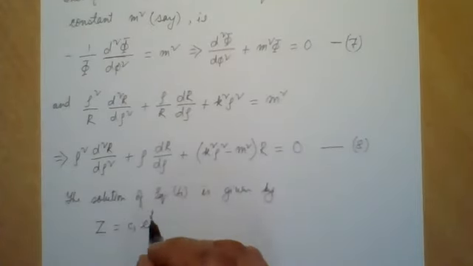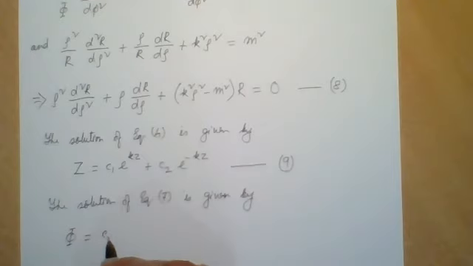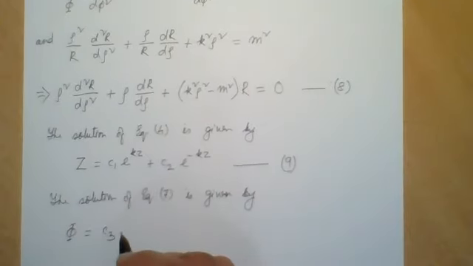The solution of equation 7 is given by capital phi is equal to c3 cos m phi plus c4 sin m phi.